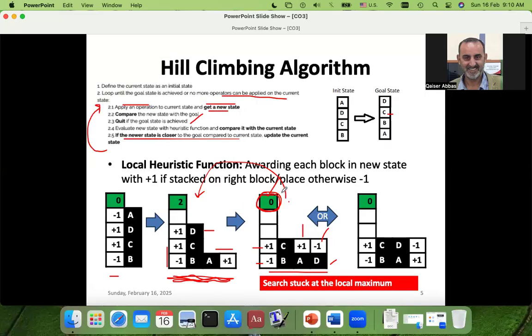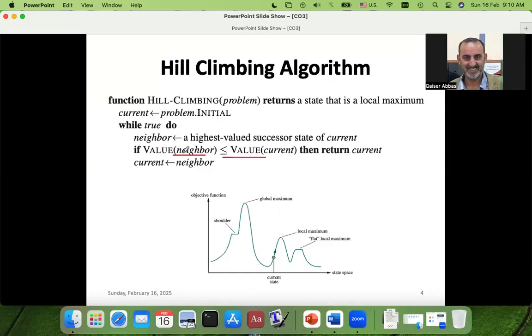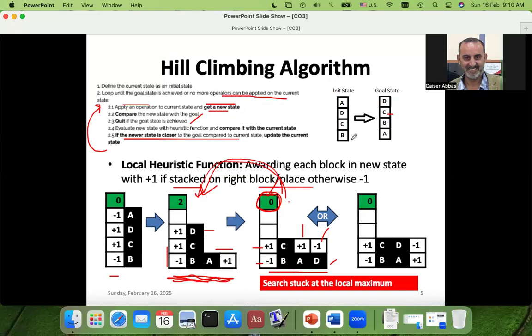Here the zero is less than this current. This is current and this is new. So when the new state is less than the current, return current. So according to hill climbing, it will return this state and go out of the algorithm.